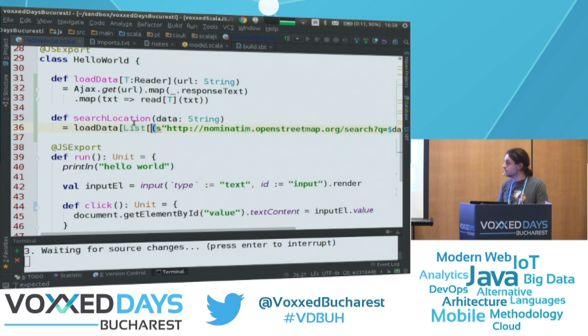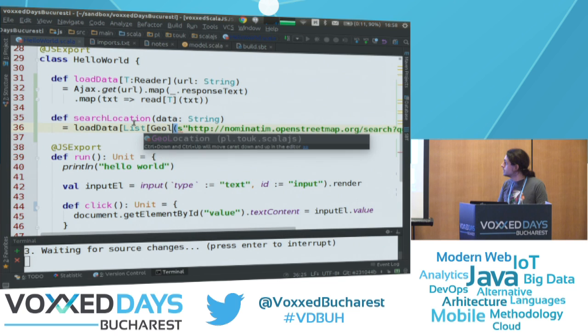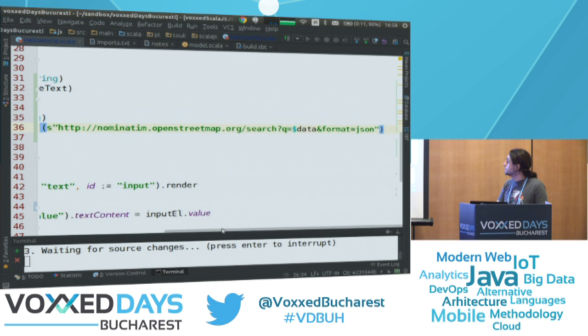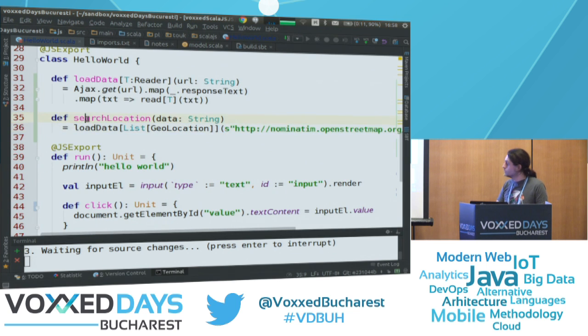But apart from that, we are just telling it that we want it to load a list of geolocations. Right, and what do we get here? A future of list of geolocation. More or less like we expected.